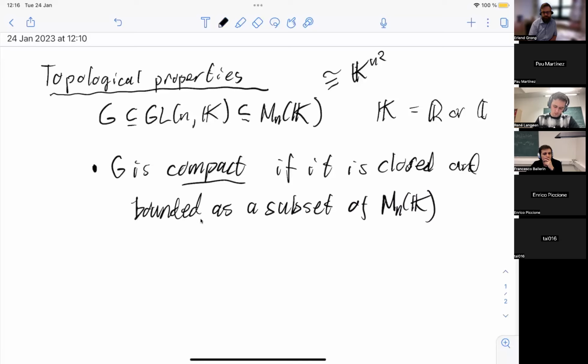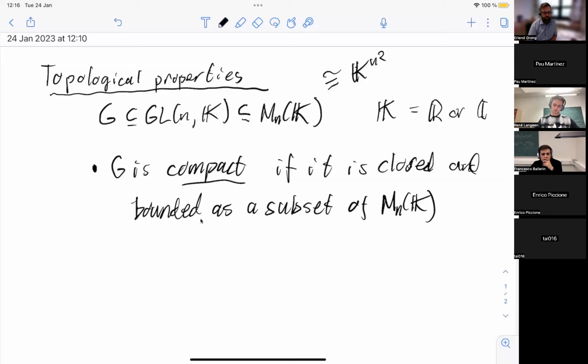If it's closed and bounded, then we say that it's compact, and some things are easier when things are compact. So compact is the analog of a closed interval on the real line.